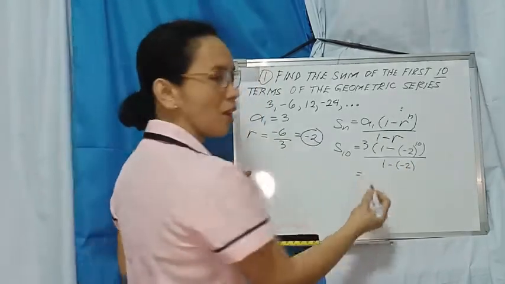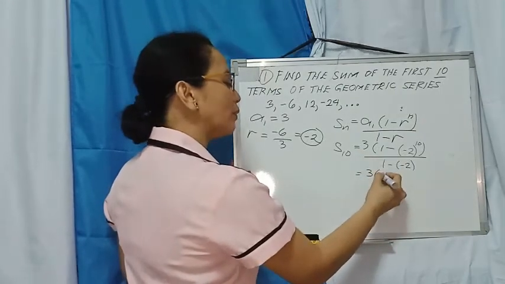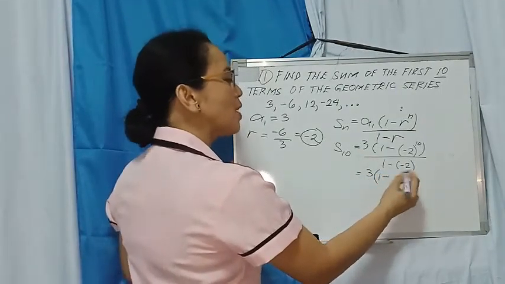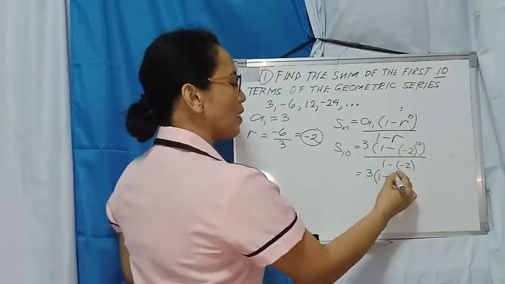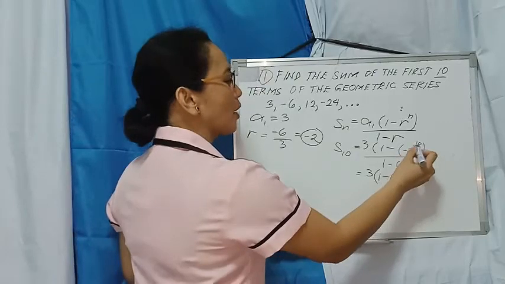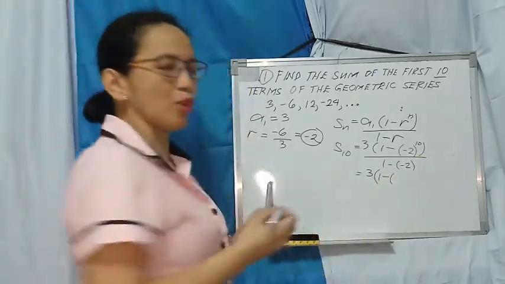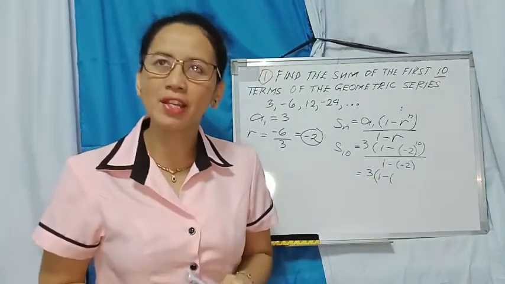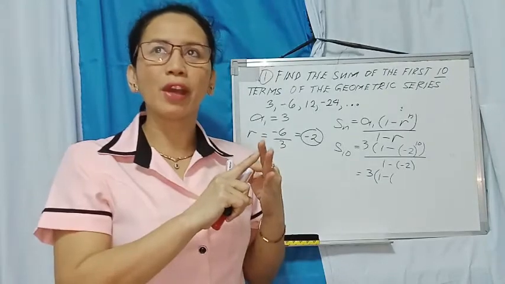So we have here 3. Then copy 1. Then copy -2 to the 10th power. The exponent is 10, so automatically this is positive. So 2 to the 10th power is 2 times 2, 4. Times 2, 8.